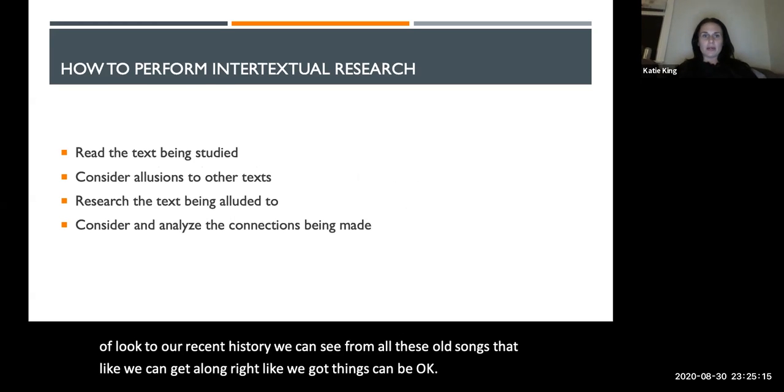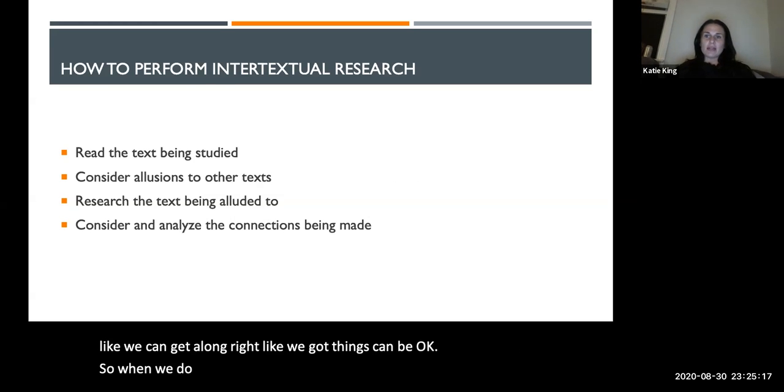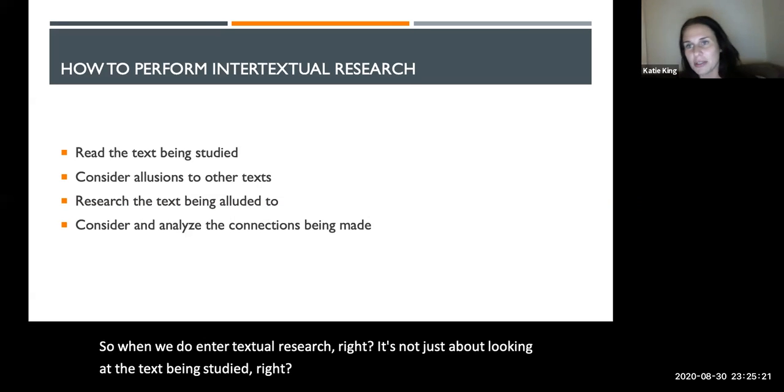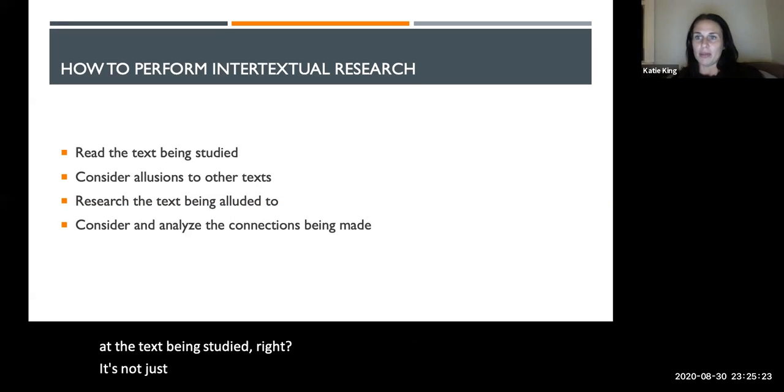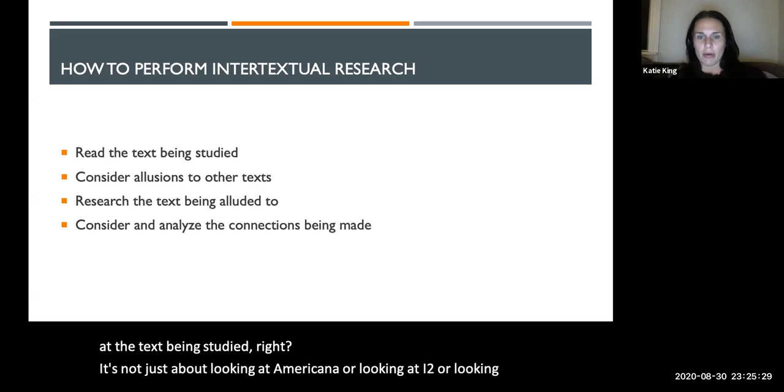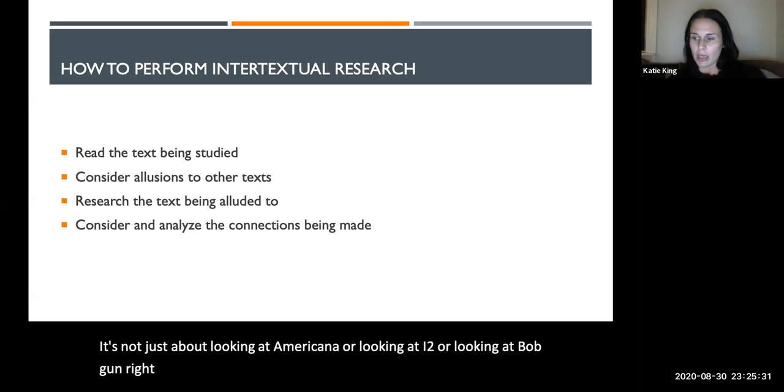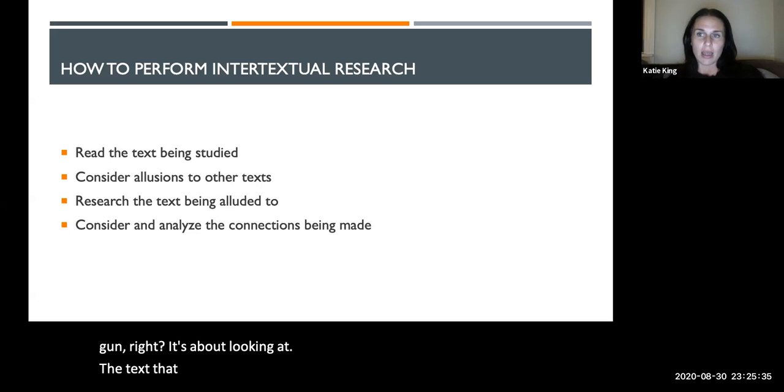So when we do intertextual research, it's not just about looking at the text being studied. It's not just about looking at Americana, or looking at I, Too, or looking at Bop Gun. It's about looking at the texts that they reference. It's about looking at I Hear America Singing.